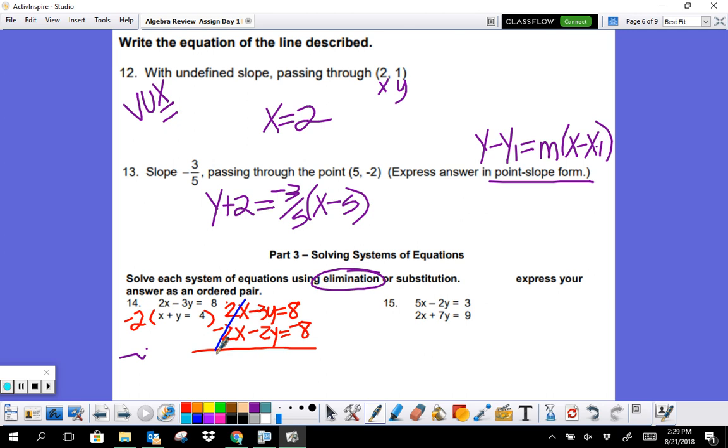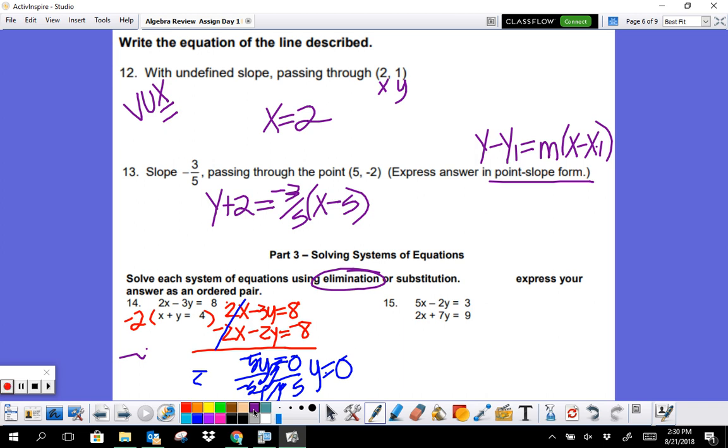Now I have negative 3y plus negative 2y, that's negative 5y, equals 8 plus a negative 8 is 0. Okay, don't freak out with that 0. If I divide by negative 5, that just means y is equal to 0. That's a good thing. That's an easy number to work with.